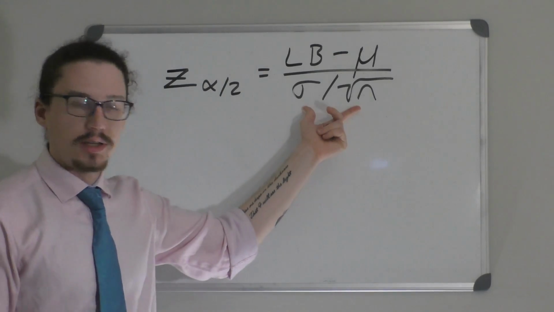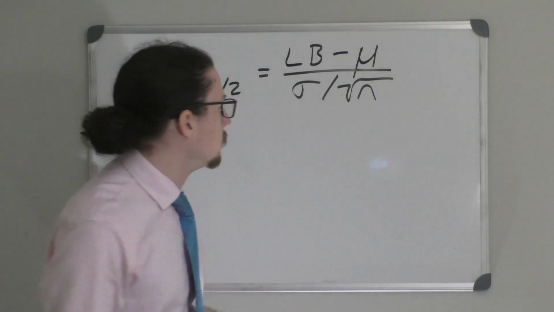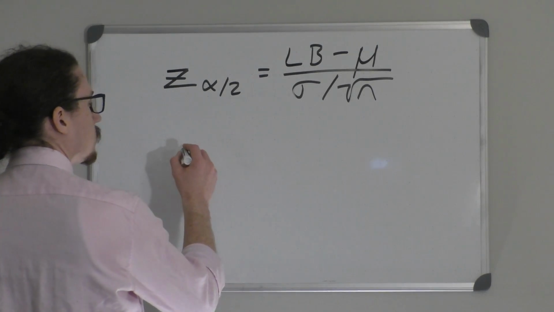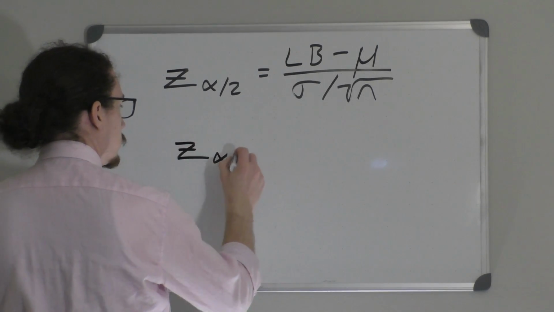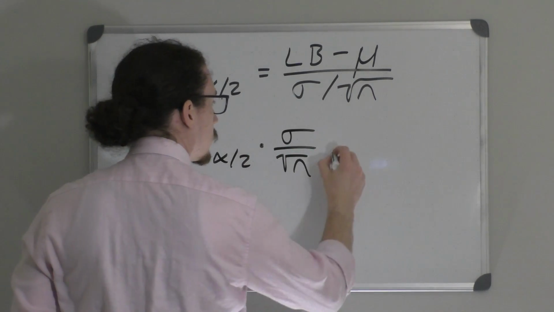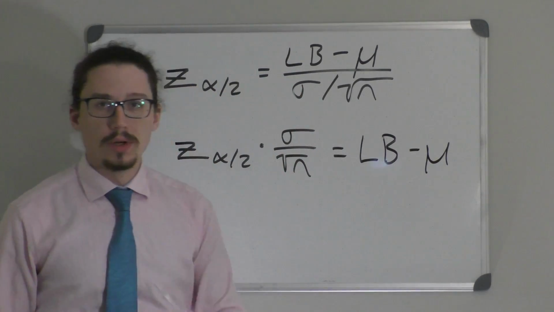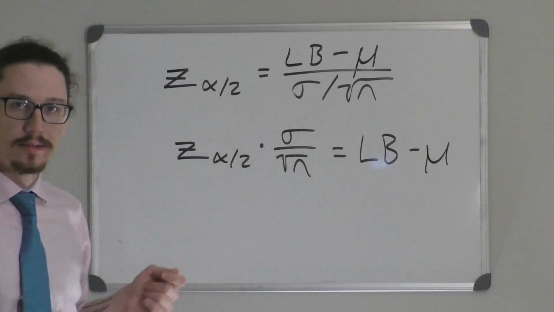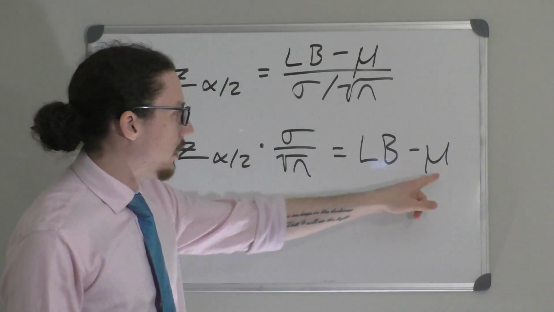So if we want, we can solve for that lower bound. What we'll do is we'll multiply both sides by sigma divided by the square root of n. And then we will add mu to both sides. And I'm going to do a little rearranging so that we have the left bound over here.